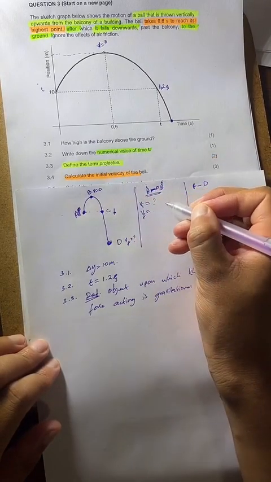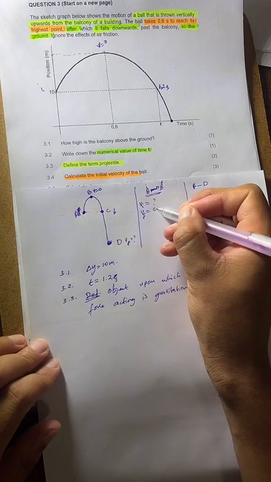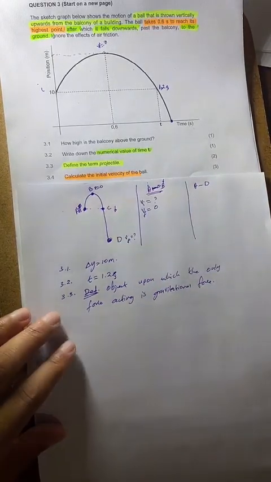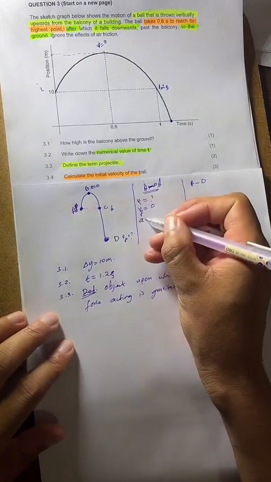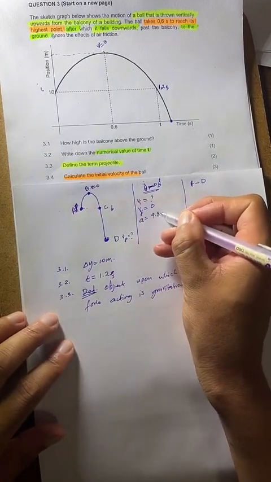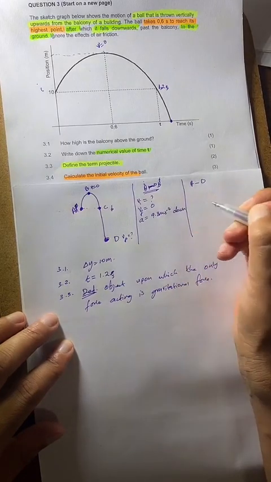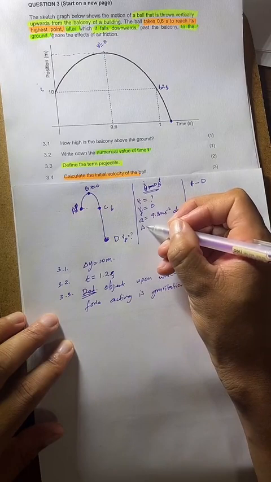So final velocity is 0, because at maximum height velocity is always 0. Acceleration is 9.8 meters per second squared downwards, always. Now let's check displacement from A to B.